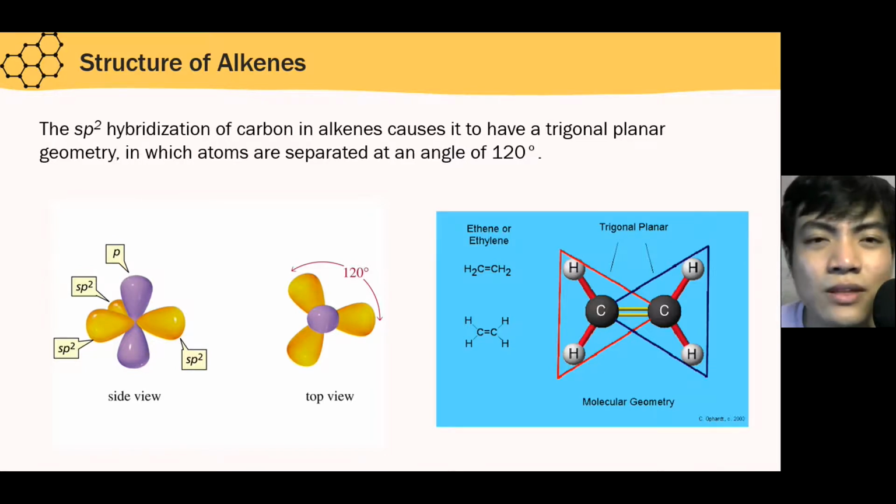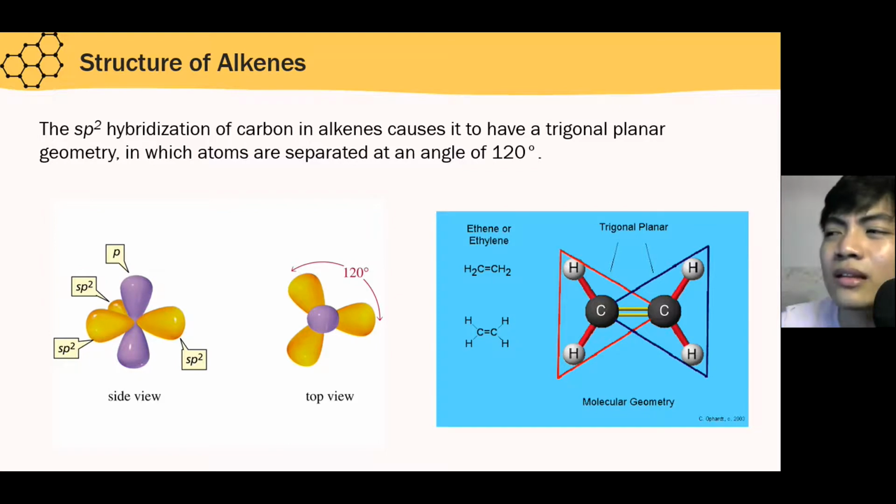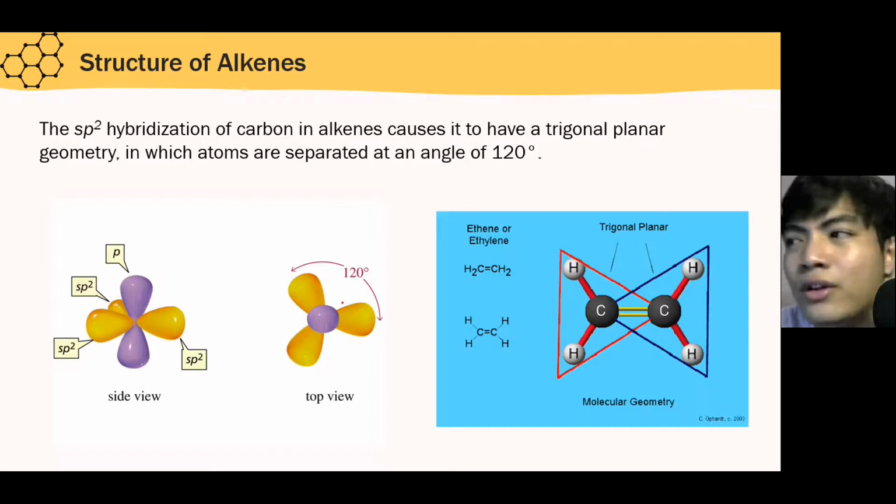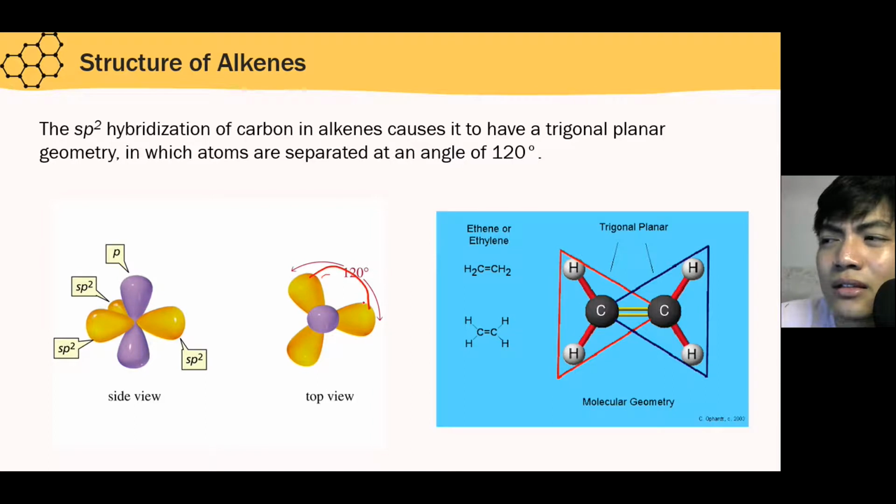However, if you have an sp2 hybridized atom, such as in alkenes, then you have what's called a trigonal planar geometry. Trigonal planar meaning that the position of your atoms that are connected to the carbon will be separated at an angle of 120 degrees.